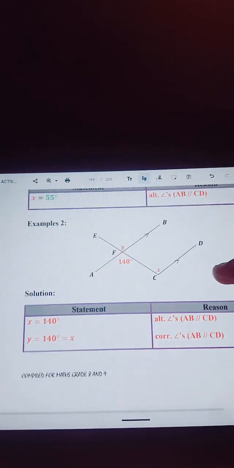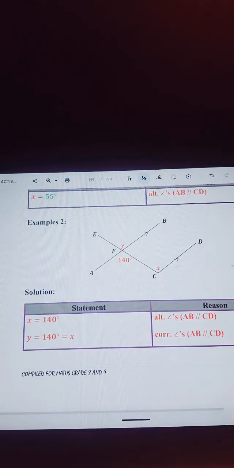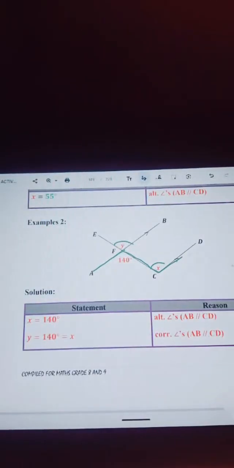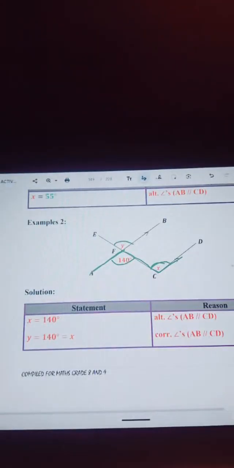Okay, moving right along, look at example 2. We need the value of x, we need the value of y. So we could use this idea of alternate angles, because you can see the Z, this angle equal to that angle.